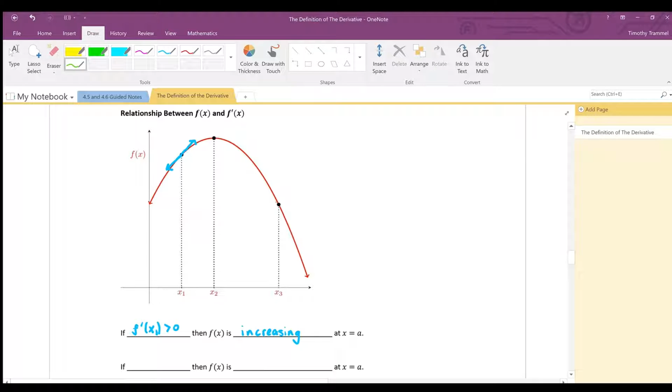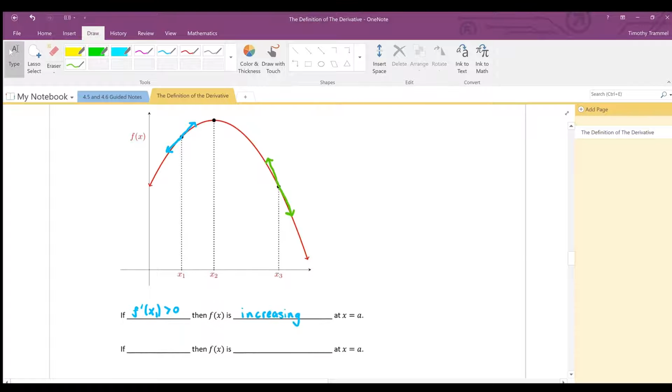We're going to skip x2 for a second. So I've made an attempt at sketching the tangent line there. And you can see, looking at that, the slope is negative. So that means our derivative is less than 0 there.